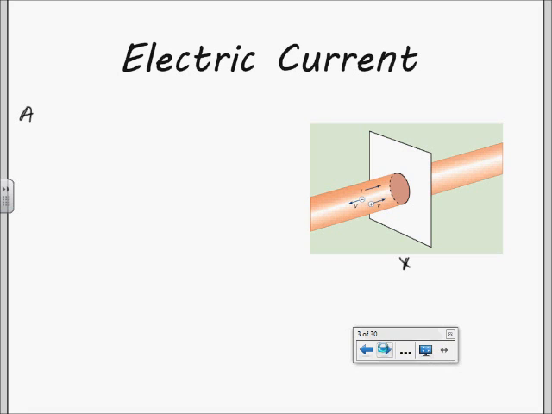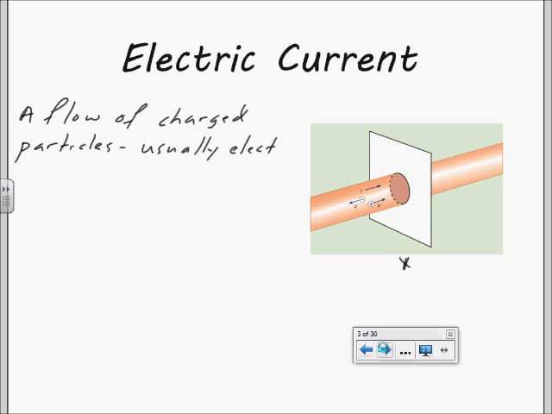A current is a flow of charged particles, usually electrons in a wire or conductor.